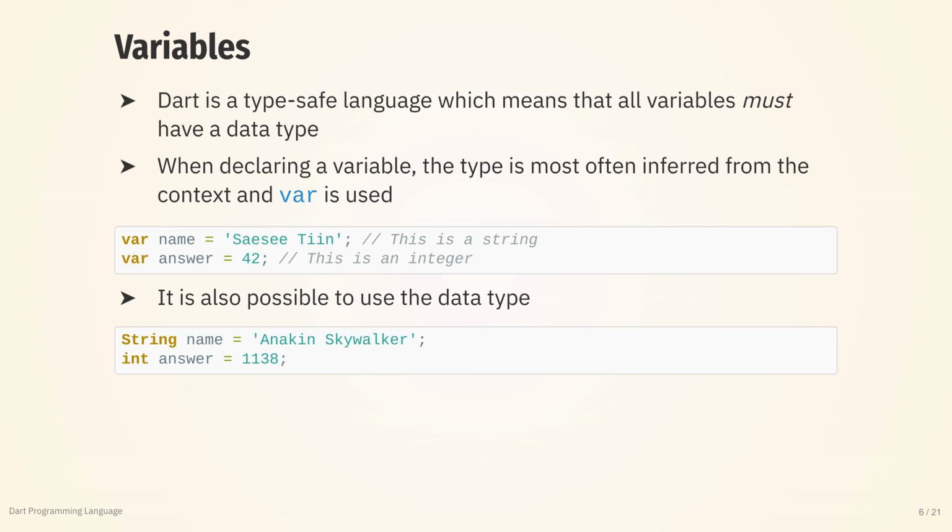The same goes for the answer variable, which is an integer. So both of these will have a data type, and the data type will not change during the life of the variable. If it is inferred, you can use var, but it is also possible to do, as we can see in the two later examples, to say string name and int answer, if we like.